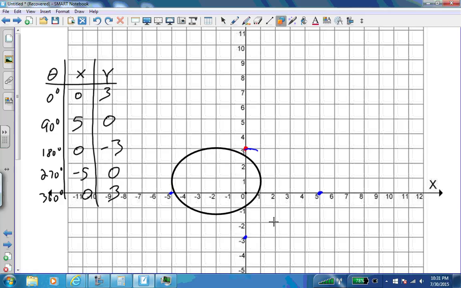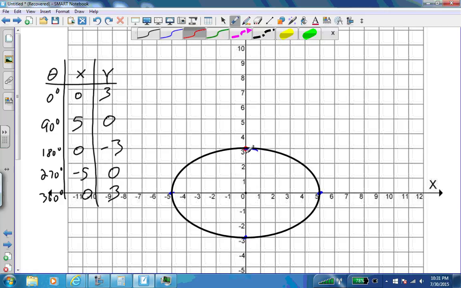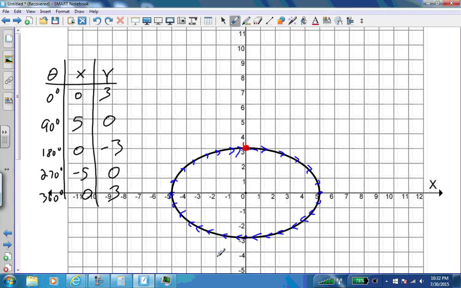That's going to be an ellipse. And it started here, and it appeared that it went clockwise. Like so.